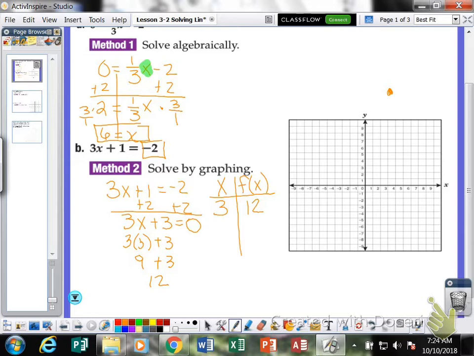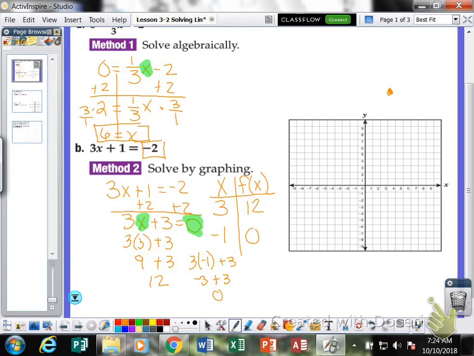Then I could try another number, and some of you might already be able to see what x has to be in order to get 0 as my answer. If not, it's just guessing and checking, really. So maybe -1. If I take 3 times -1 and add 3, I get -3 plus 3, which is 0.